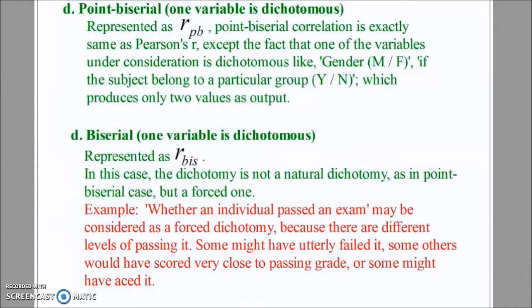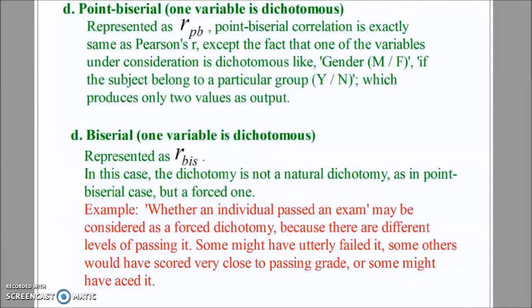That is where the big difference occurs, and it is symbolized by r. If you only see an r, that is a Pearson's correlation. But if it has a subscript of pb, that is point biserial, and bis is biserial.